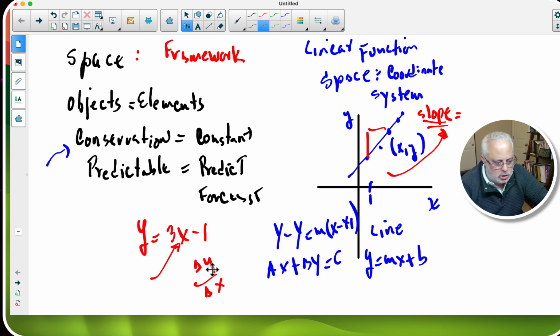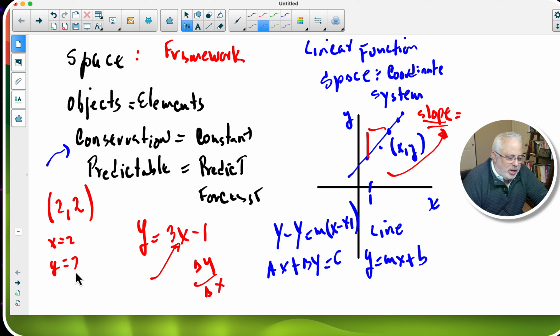So if we have y equals 3x and we have the object (2, 2), that's the point, that's an object, and I know that x is equal to 2 and y is equal to 2, we can predict the outcome of that point if we use it in the function. Let's say that x is equal to 5. I can predict the outcome.